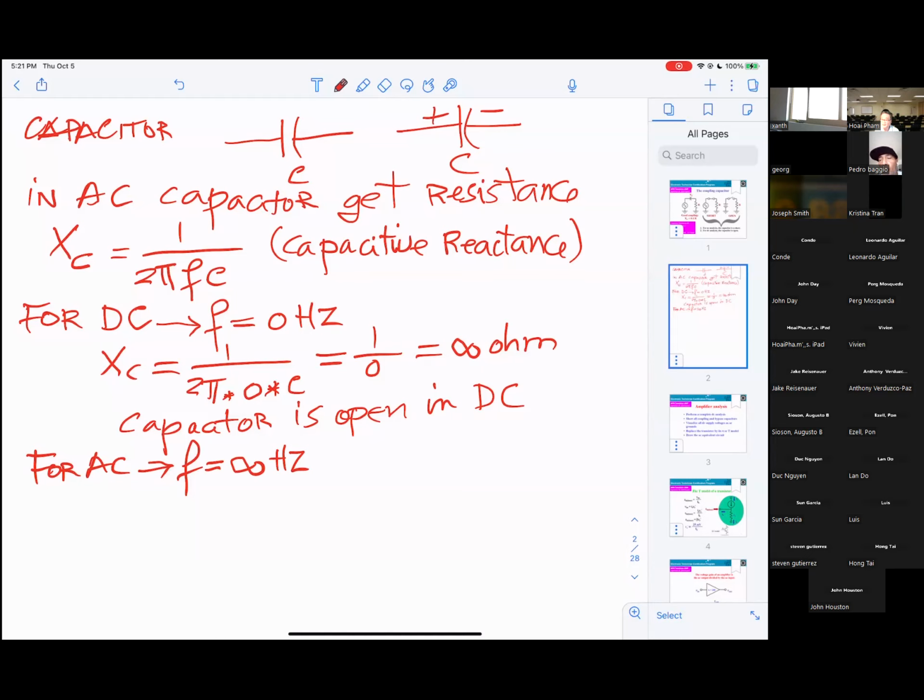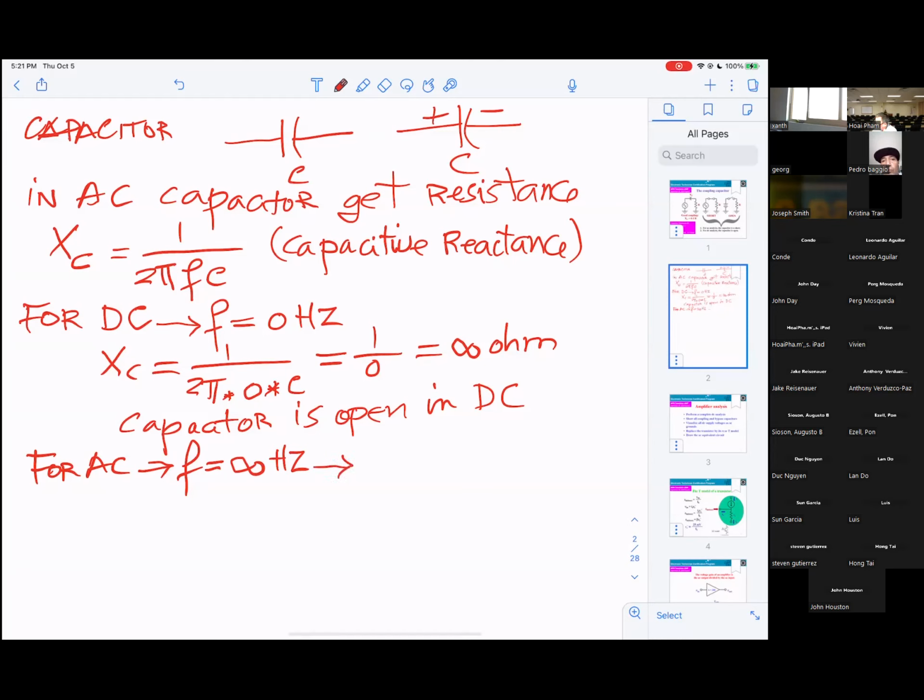That means nobody can tell me any number bigger. It can be 1 kilohertz, 10 kilohertz, 1 megahertz. However, if we say infinity hertz, no one can get any number bigger. Okay?